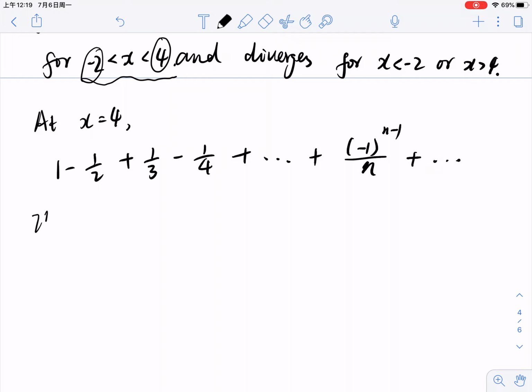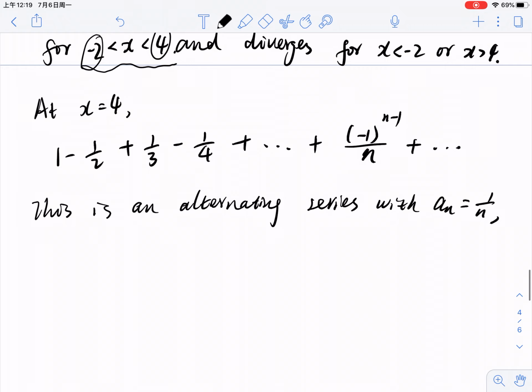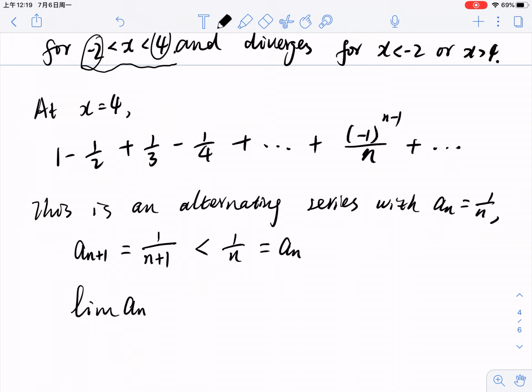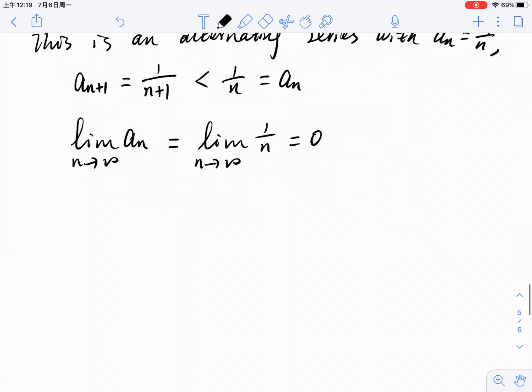This is an alternating series with a_n = 1/n. By the alternating series test, a_{n+1} = 1/(n + 1) is less than 1/n = a_n, and the limit of 1/n as n goes to infinity is 0. So the terms are decreasing and the limit is 0.